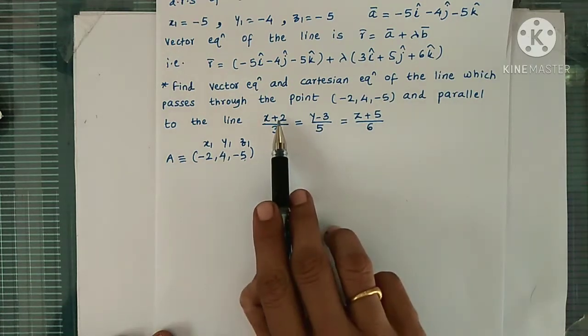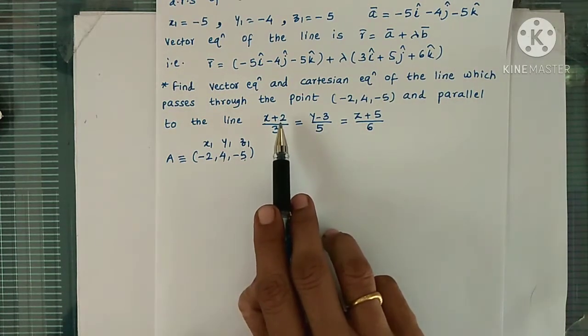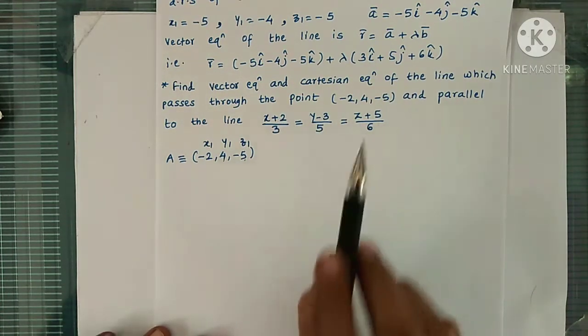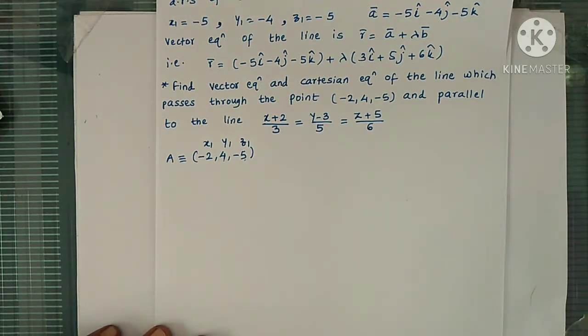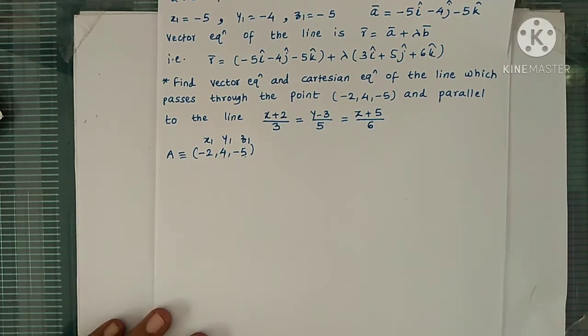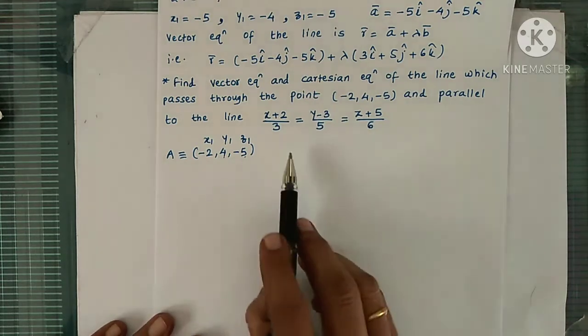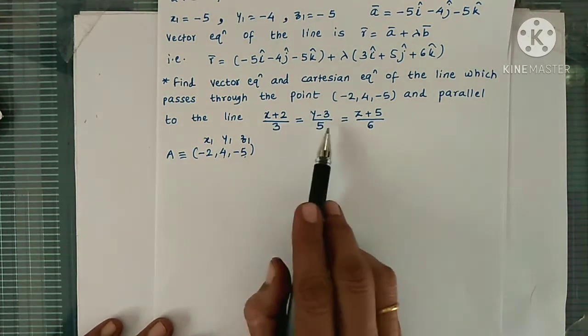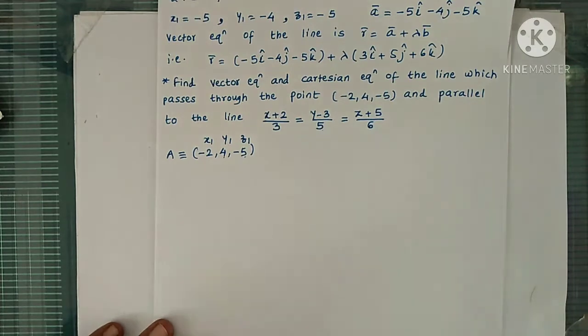See, I have changed the sign as it is x minus x1. But we don't need the point on this straight line. What we need is b bar. b bar is the direction ratios of the straight line, and the direction ratios are the terms which are in the denominator. And the terms in the denominator are 3, 5, 6.